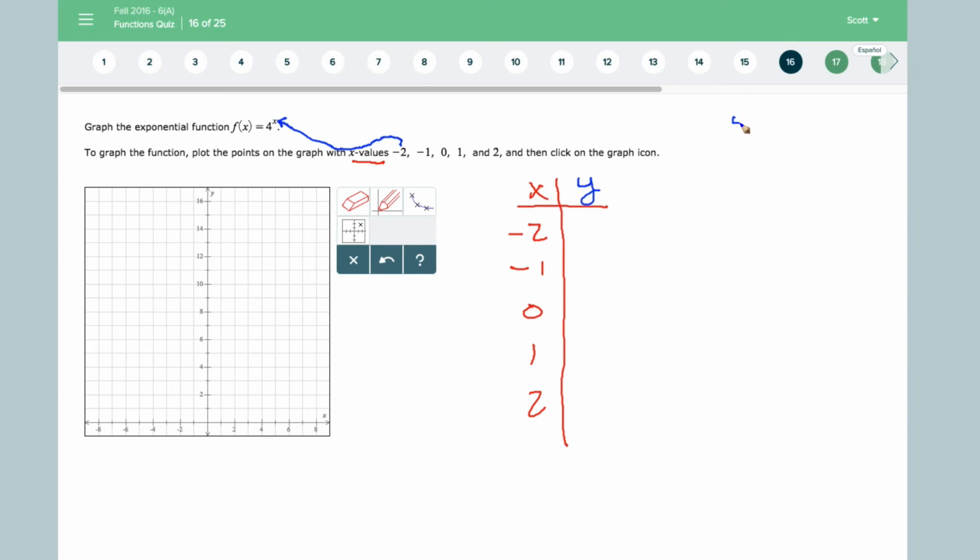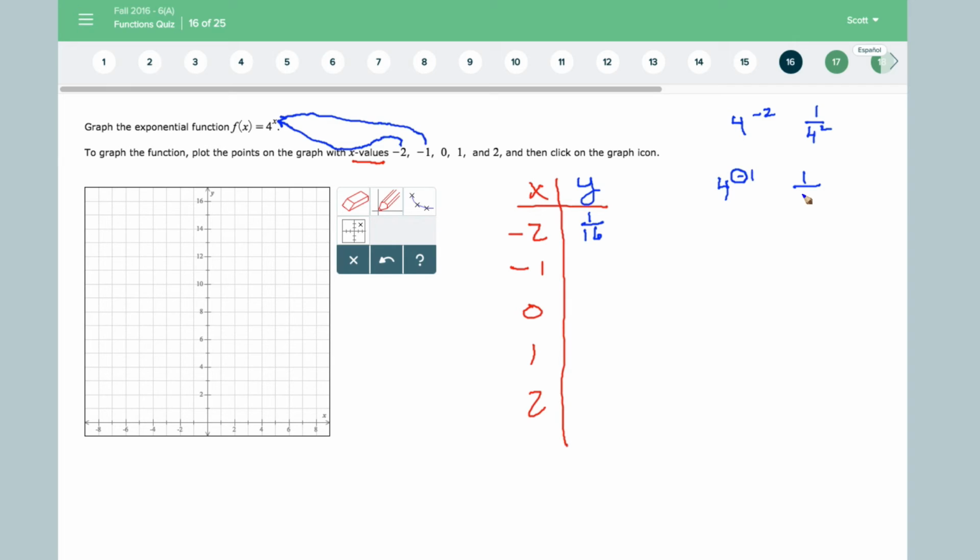We have 4 to the -2 power. Now what does the negative power do? We flip the fraction upside down and we get 1 over 4 squared. What's 1 over 4 squared? That's the same thing as 1 over 16. Now we do the same thing with -1, so 4 to the -1 power. That flips upside down because of the negative right there.